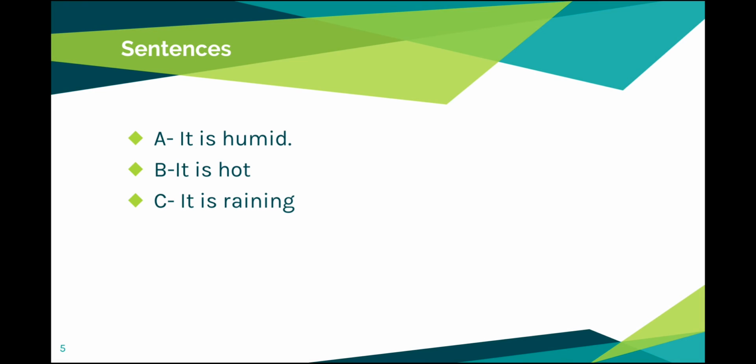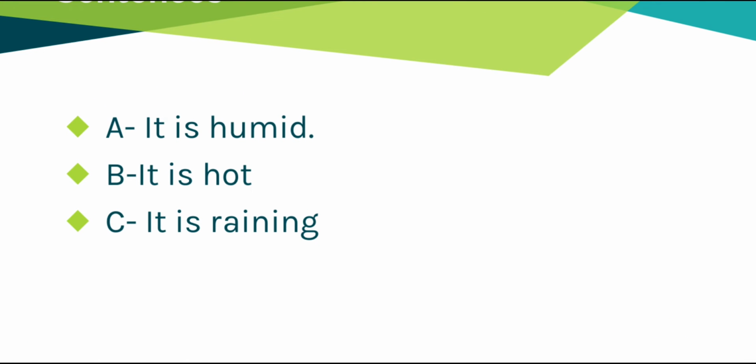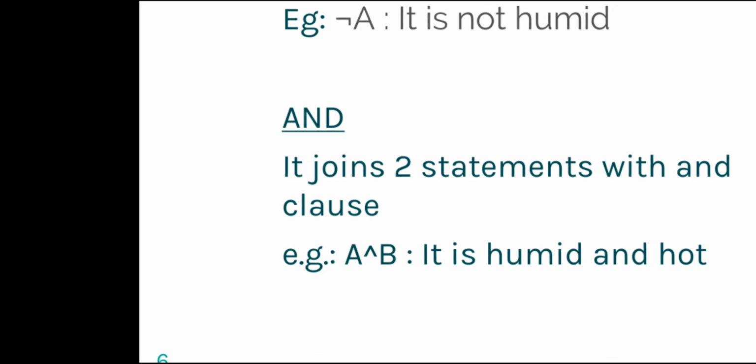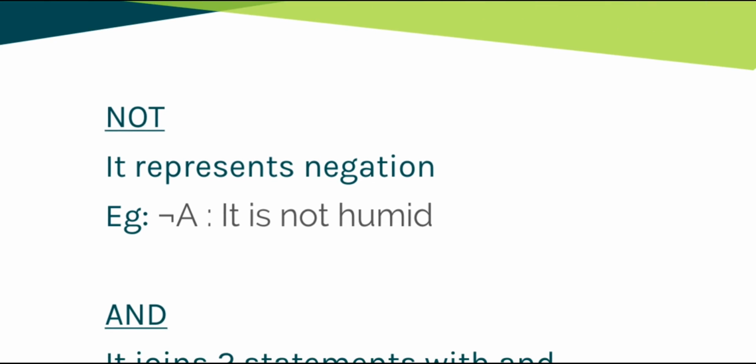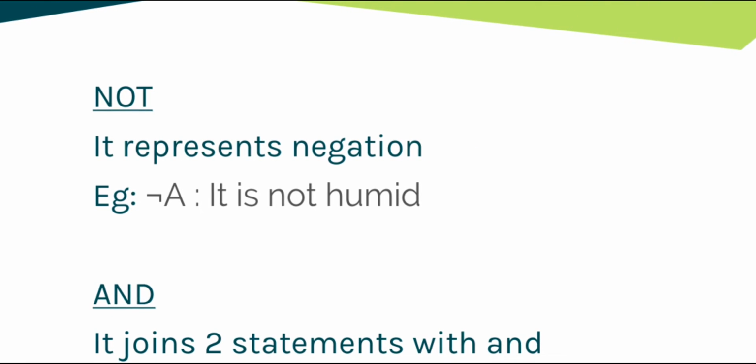The sentence is, it is humid. If I apply propositional logic on A, it will become negation of A. So if you apply it on the sentence, it becomes, it is not humid. Yes or no? Because we have applied negation on it. So it is representing the negation of A.